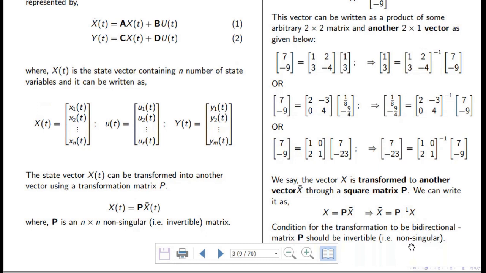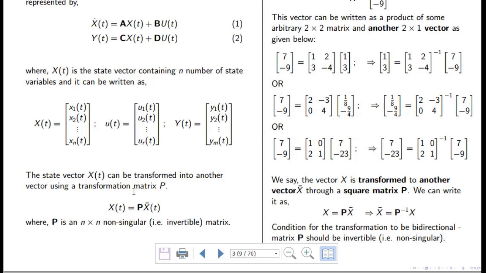So this P matrix should be a non-singular matrix, and therefore P should be an invertible matrix. So if I have an invertible matrix P, I can write any vector x like this. Okay, so this x is transformed to x bar using the transformation matrix P.